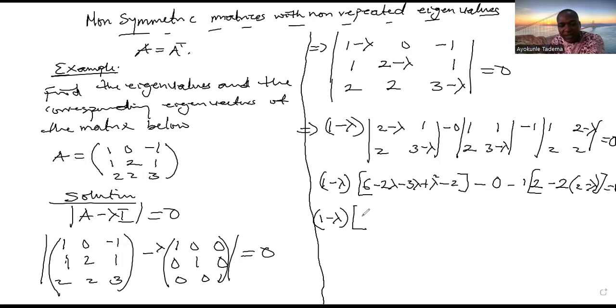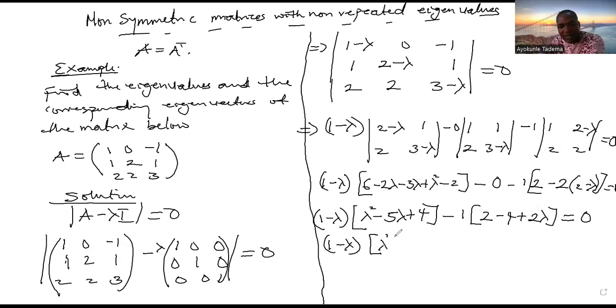When you simplify this, we have 1 minus lambda, lambda squared minus 5 lambda plus 6, minus 1 into 2 minus 4 plus 2 lambda, equals 0.